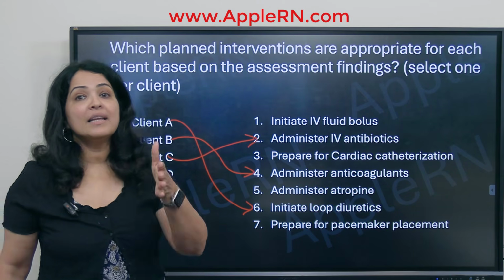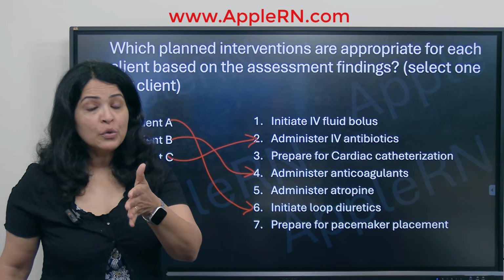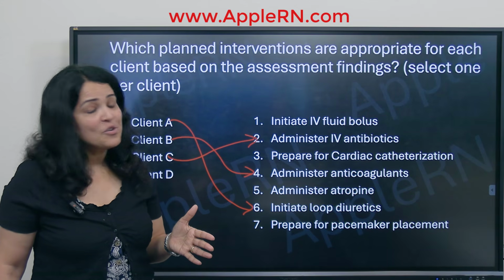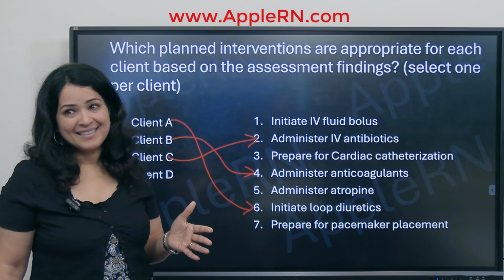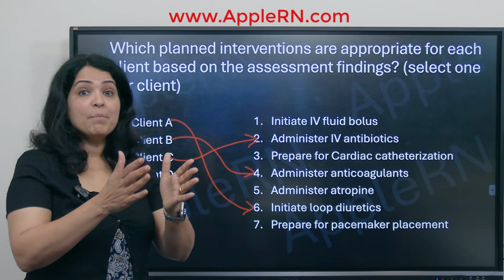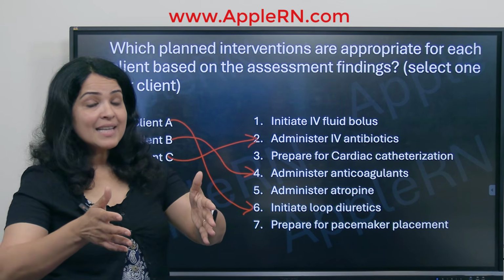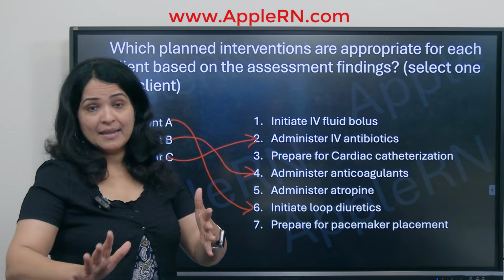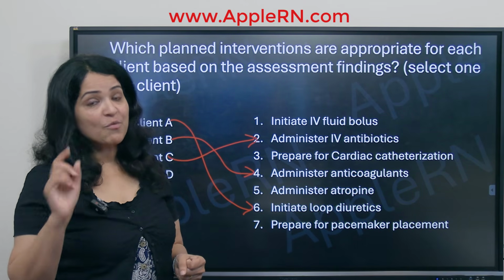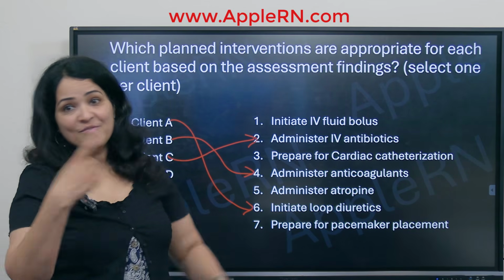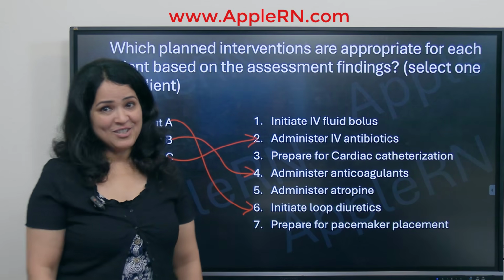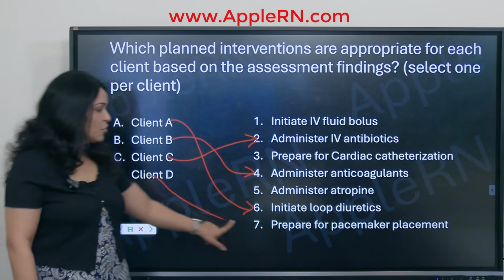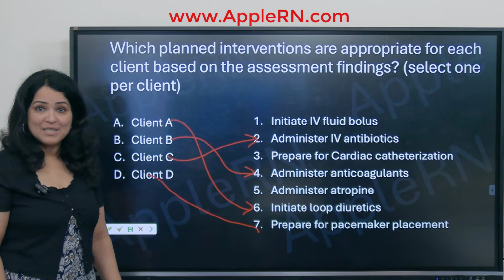When there is already Mobitz type 2 and the patient is hemodynamically unstable, atropine is not going to be the best choice. Atropine may make it worse and the patient may go into asystole because it's already really bad. So the best option for this patient is a pacemaker. That's why I'm not selecting atropine. I'm going to go with prepare pacemaker placement.